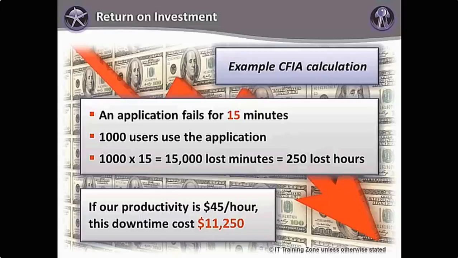The calculation is 1,000 multiplied by 15, which equals 15,000 lost minutes. 15,000 divided by 60 gives a total of 250 lost hours. If our productivity is approximately $45 per hour, this downtime cost us $11,250. We can then balance the cost of improvement against the cost of downtime.